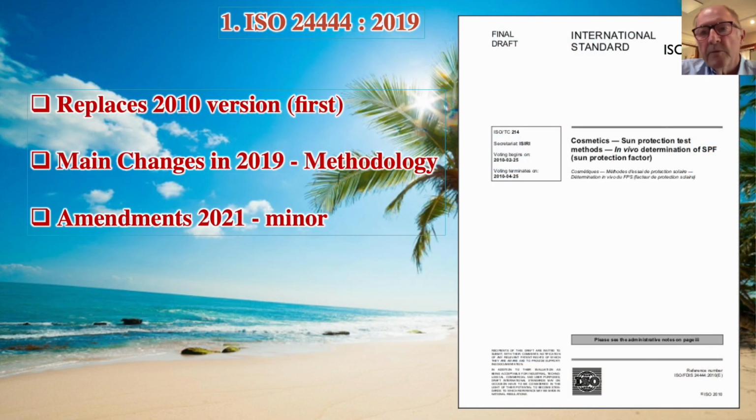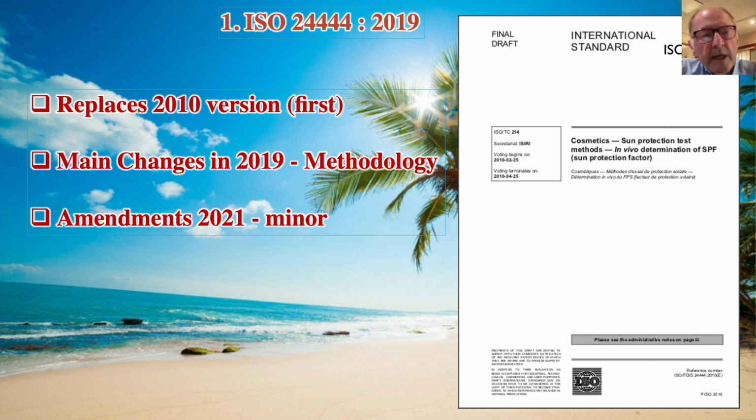So what do we do with the new version of ISO? Well, we replaced a former version that was produced and published back in 2010, and that was the first harmonised method for testing of sunscreens. In other words, it's universal.